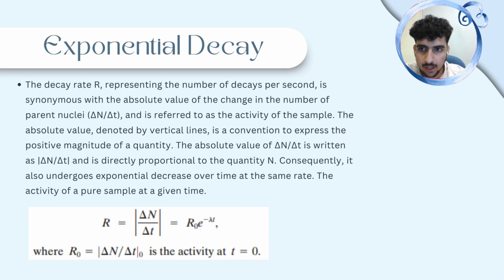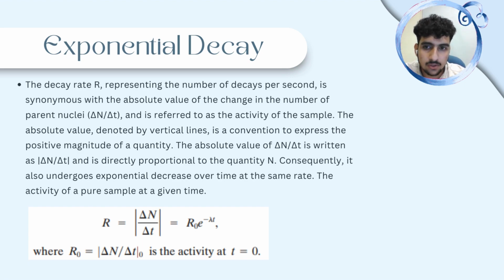5,730 years. So the decay rate R, representing the number of decays per second, is synonymous with the absolute value of the change in the number of parent nuclei divided by the difference of time, and is referred to as the activity of the sample.